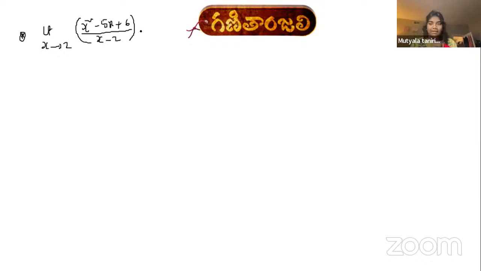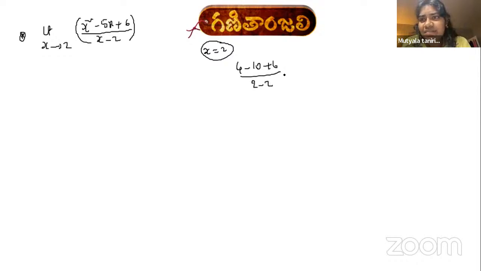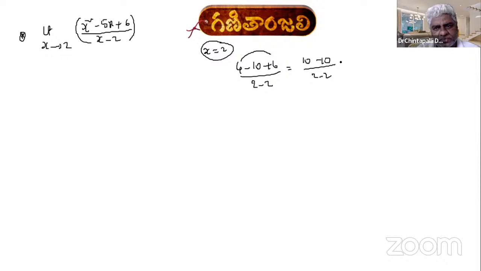What happens if we put x is equal to 2? 4 minus 10 plus 6 by 2 minus 2. That is 0 by 0.